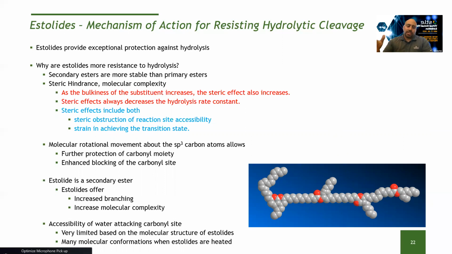Molecular rotation around an sp3 bond is well known, and there are a lot of sp3 molecular rotations in these types of molecules, which helps protect the carbonyl moiety, and also enhances blocking of the carbonyl. With Estolides being a secondary ester, it increases branching. So that's another form of sterics, and also molecular complexity.